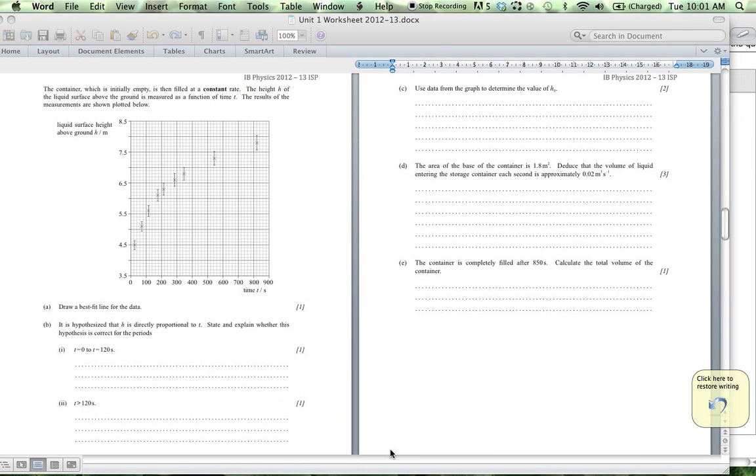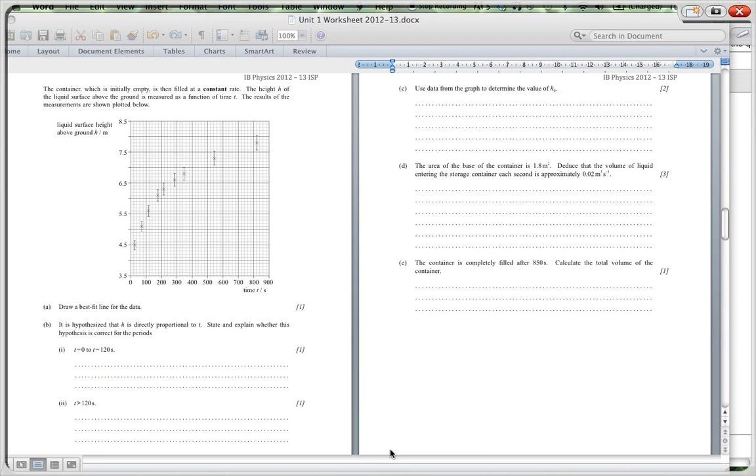Then it says use the data from your graph to determine the value of h0. Now h0 is, remember, if we just remember our diagram, I just draw it over here. h0 is from that position over there. So that is when you started off time. That's when it starts to begin. So it's where this passes through.